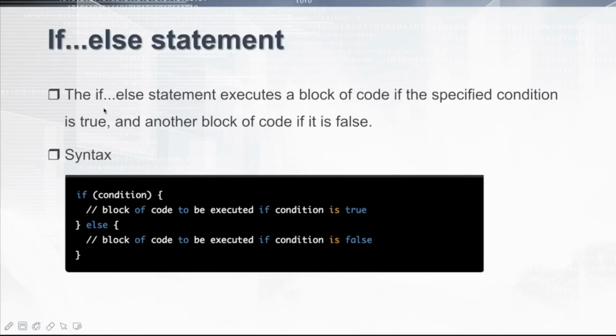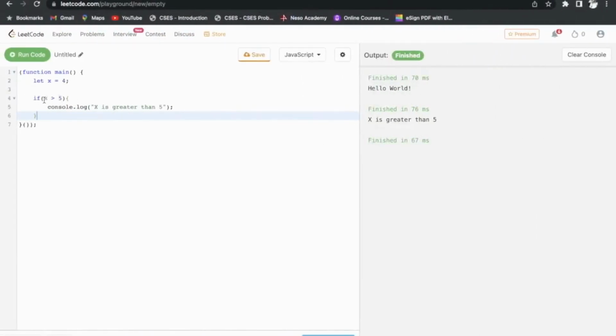So the if else statement executes a block of code if the specified condition is true, and another block of code if it is false. In this case, if this condition evaluates to true, then it's going to execute this block of code. Now this block of code can be multiple lines, so you can have another line of code here. All these are going to be executed if this condition is true.